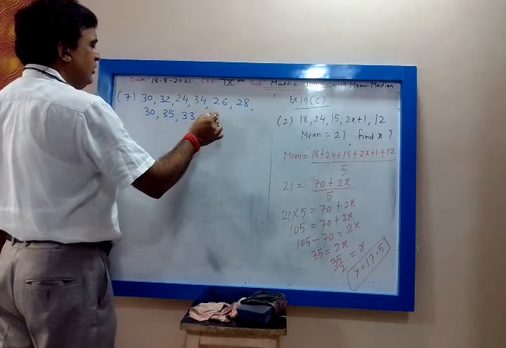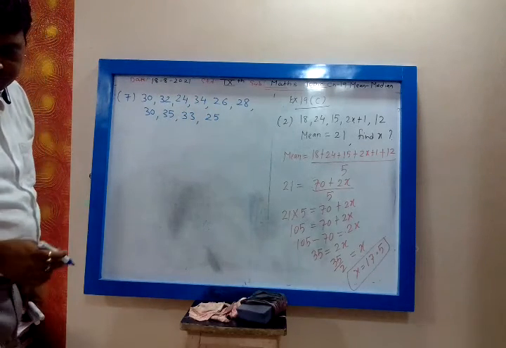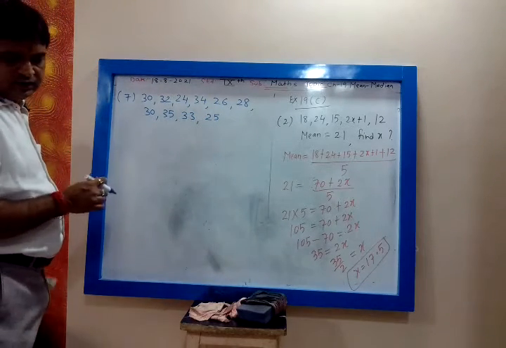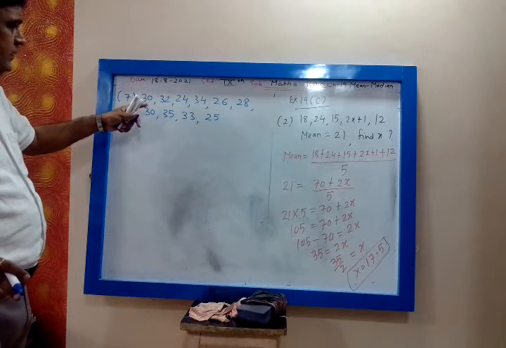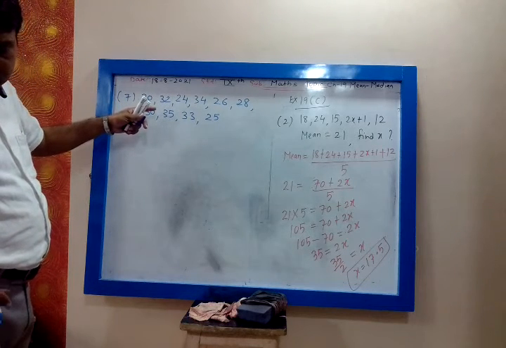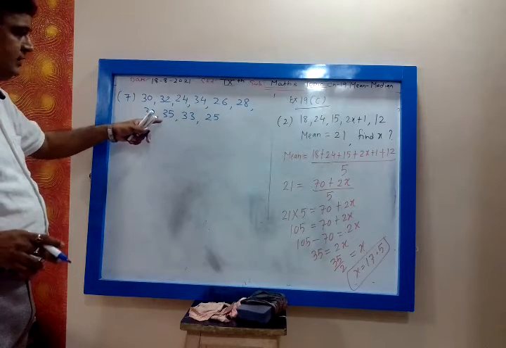Okay. What we have to find in this? Find mean: 30, 32, 24, 34, 26, 28, 30, 35, 33, 25.